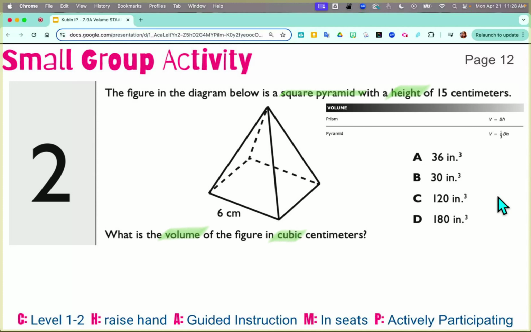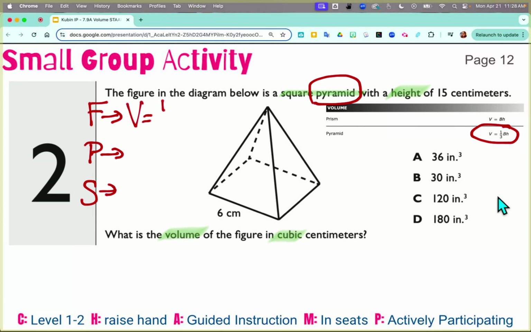So we're going to start by writing our formula. The question said pyramid, so I'm going to use the pyramid formula. Volume equals 1/3.